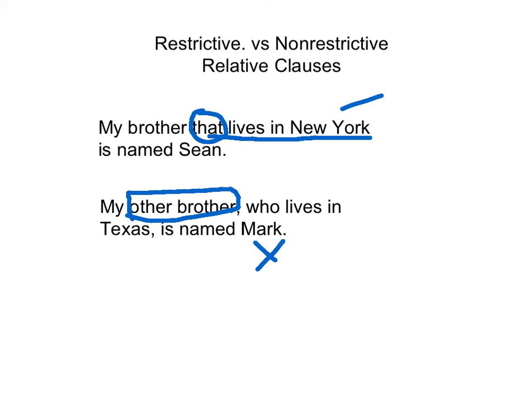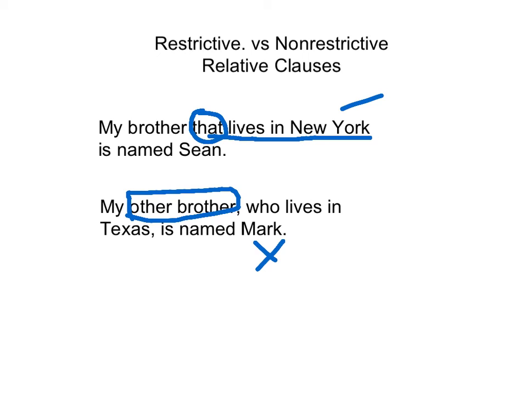So if the information that is given in the relative clause is very important for the listener or the reader to understand that noun better, then it should not have commas around it. If the information is kind of extra information that is not vital for the sentence, then you do put commas around it.